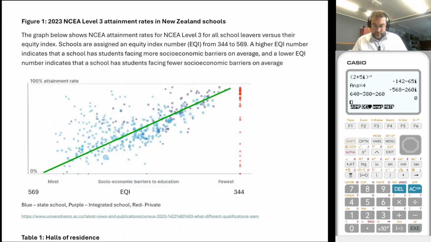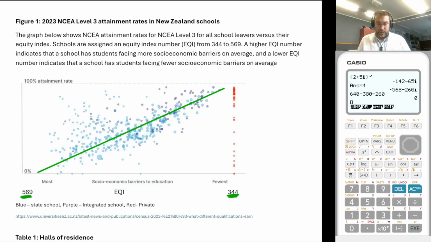Once I see that, I'm also looking at my scales, and there's something interesting about the scale. The EQI, the equity index, has 344 on the right hand side and 569 on the left hand side. So this scale is unusual in that it is getting less as it goes down. The vertical axis is about attainment rate, with 100% at the top and 0% at the bottom.